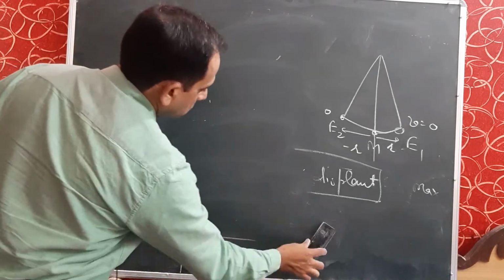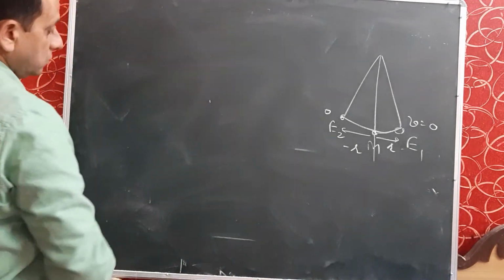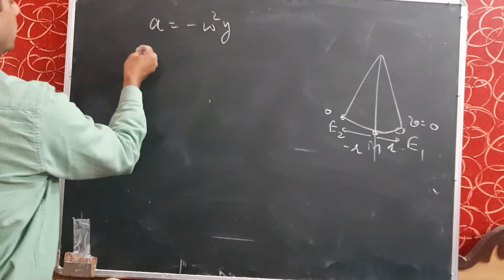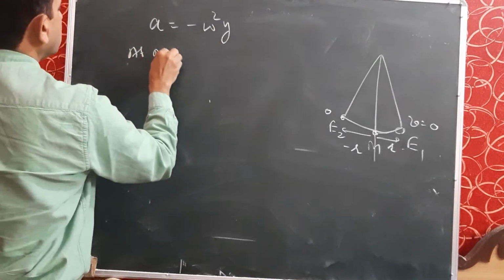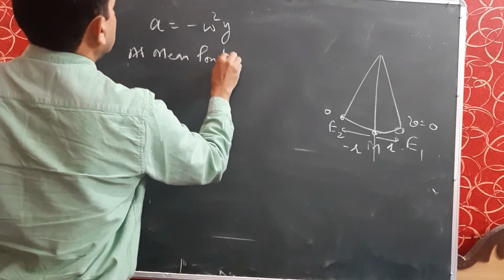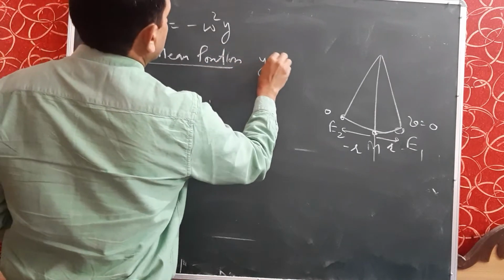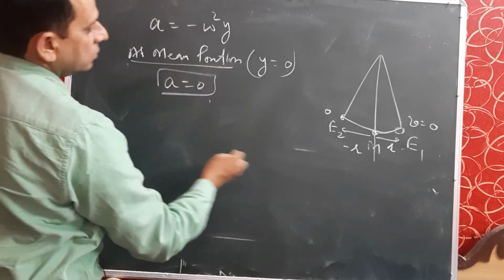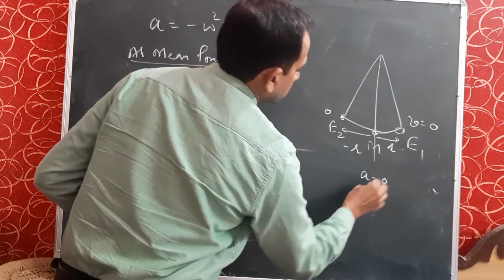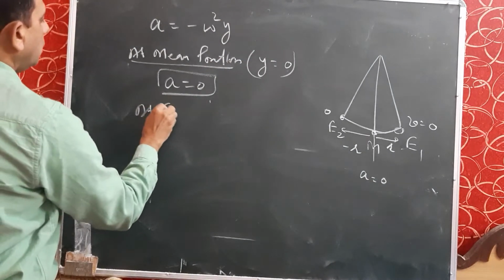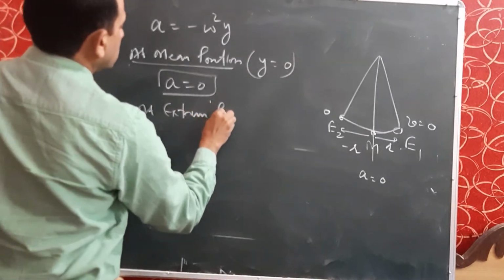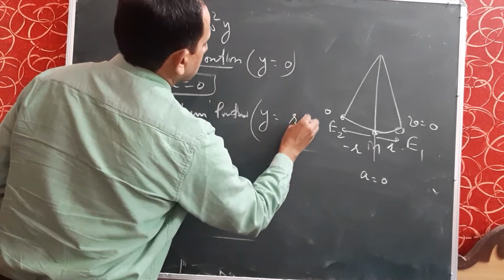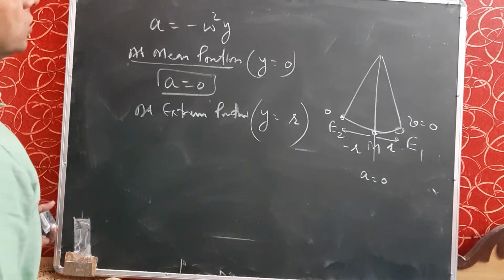So this is acceleration, and we have the formula acceleration is minus omega square y. We can discuss again at the mean position. At the mean position, taking y is 0, acceleration is 0. And at extreme positions y will be taken as plus or minus r.